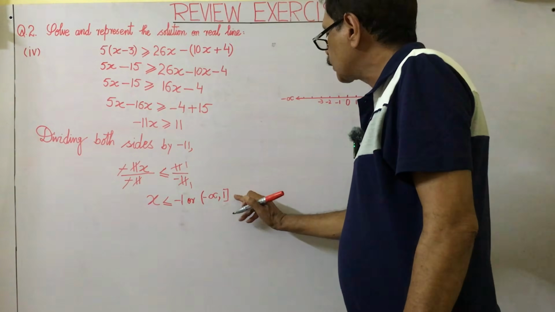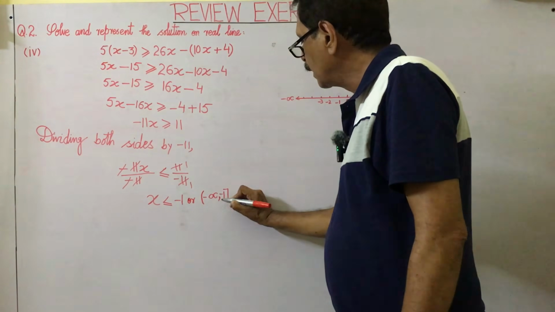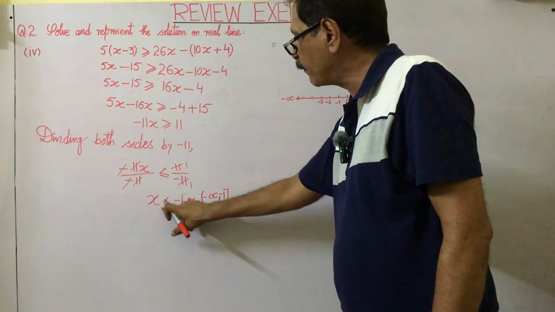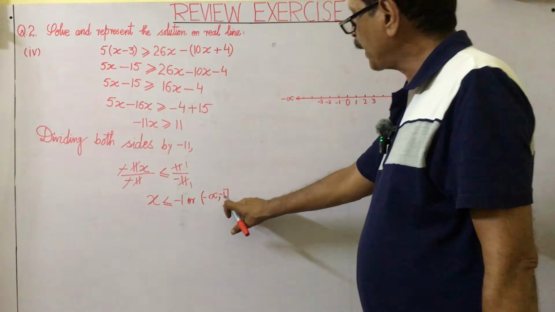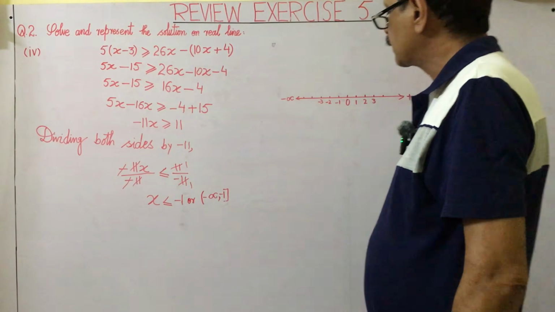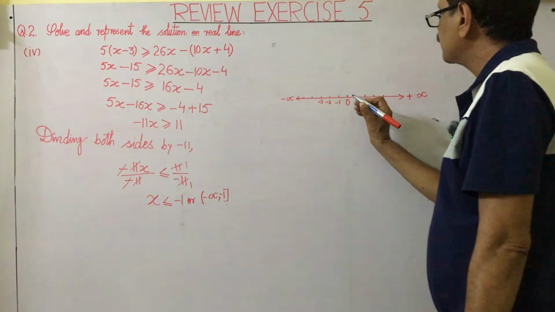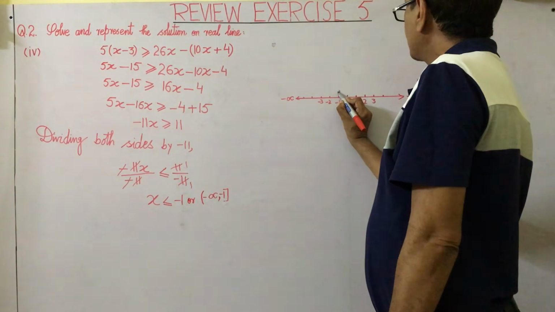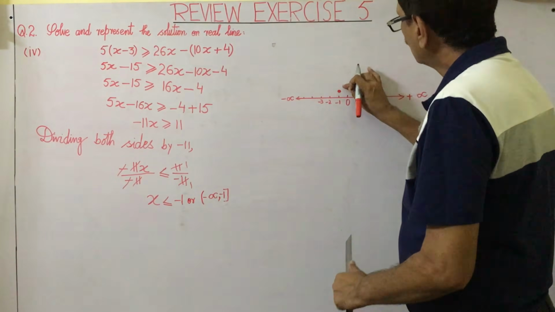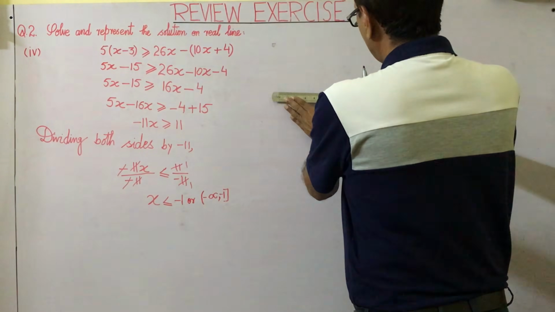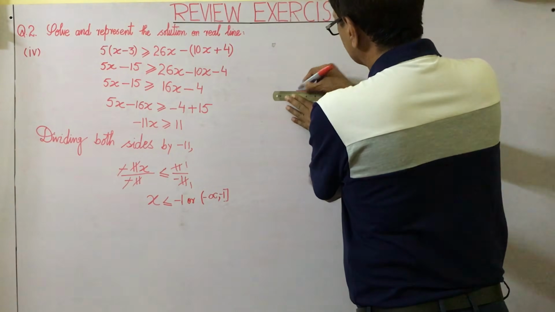I am writing a squared bracket here because minus 1 is inclusive, since x is less than or equal to minus 1. So a closed circle or filled circle or solid circle will be drawn in this case.